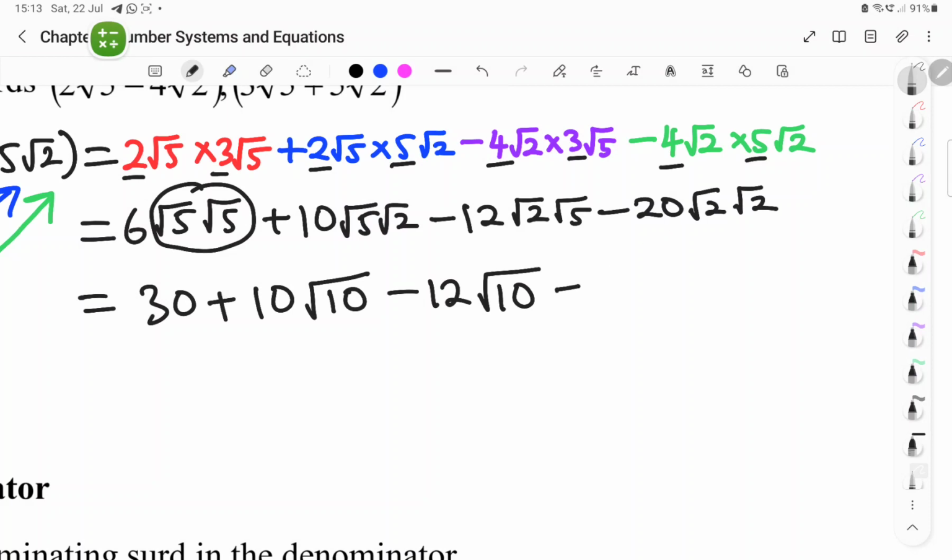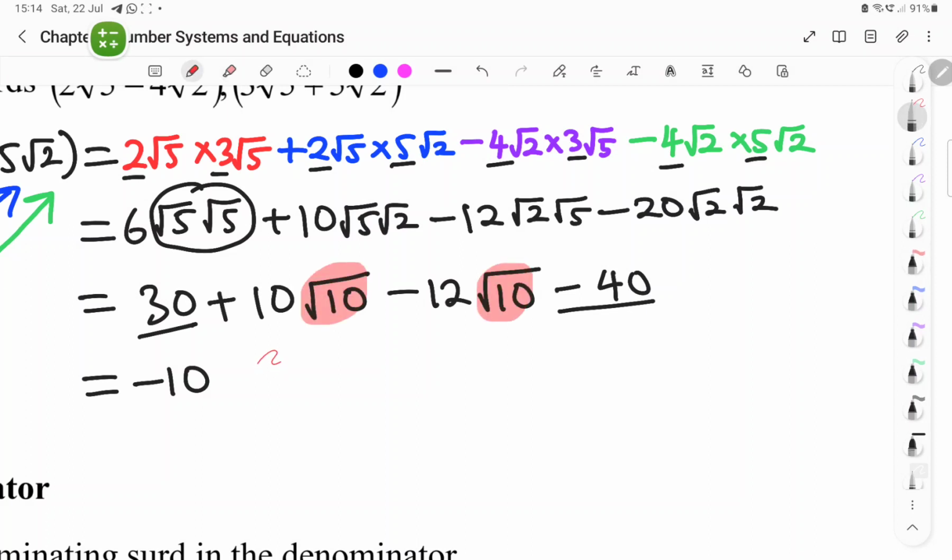Okay, next 20. So 20 and then multiply by square root of 2 multiply by square root of 2, which is 2. Okay, so 20 multiplied by 2 is 40. Okay, almost finished. And then we solve 30 minus 40, we get minus 10. And then this one, okay, you look, we have the same square root of 10.